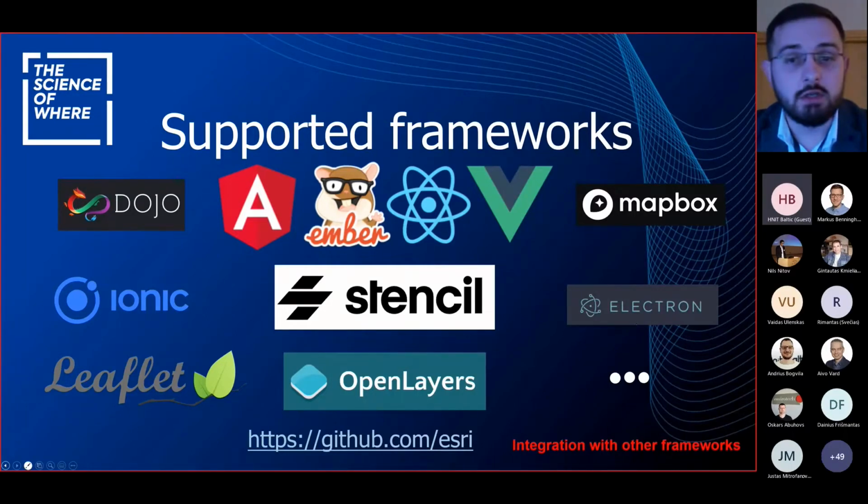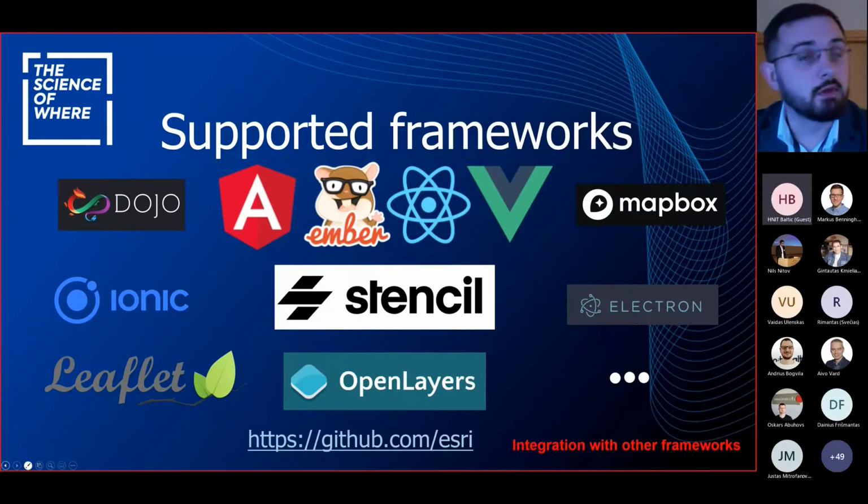After this change, you can use ArcGIS Core to integrate the API with every framework that supports ES modules, and you can do that easily. Esri has provided many samples on how to integrate them with the most popular frameworks, and you can find these samples within the Esri GitHub account.